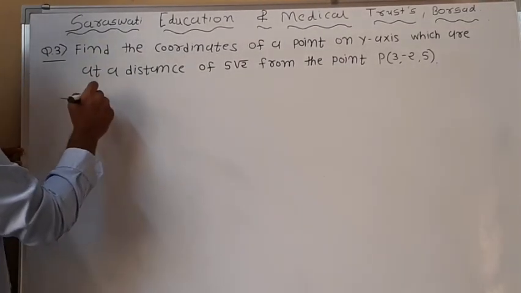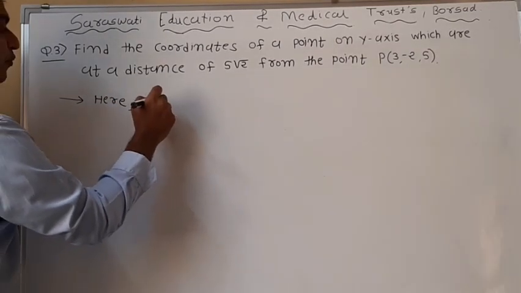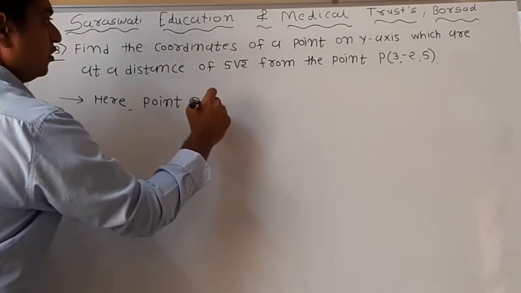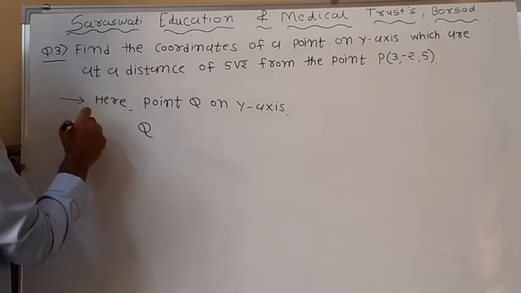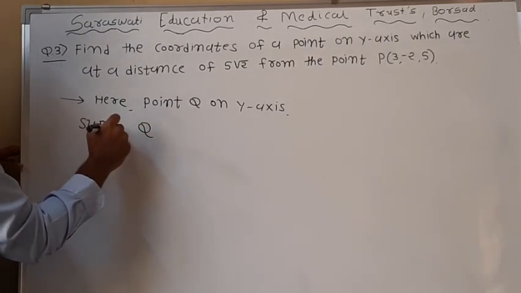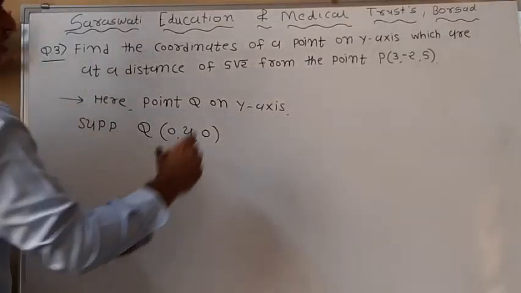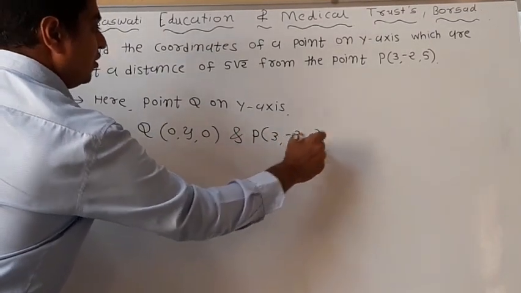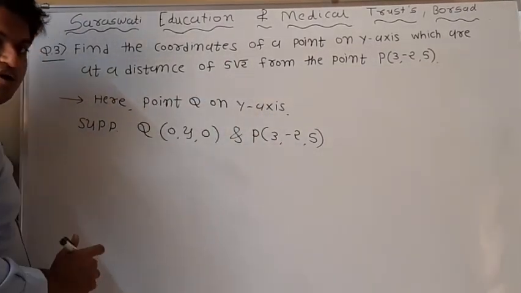So first of all, we can write point Q on the y-axis. That means we can suppose Q has coordinates (0, y, 0), and P's coordinates are given as (3, -2, 5), and the distance between both these points is given as 5 under root 2.